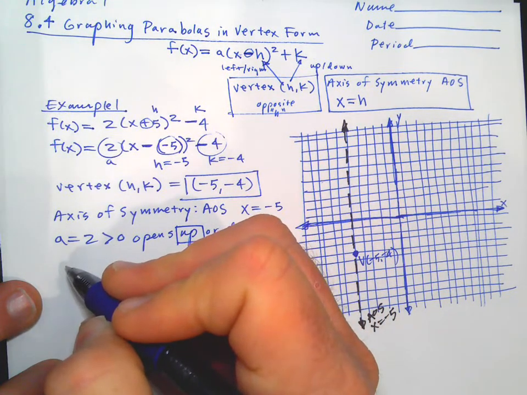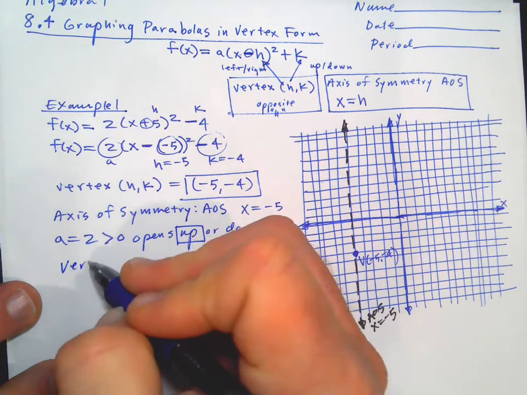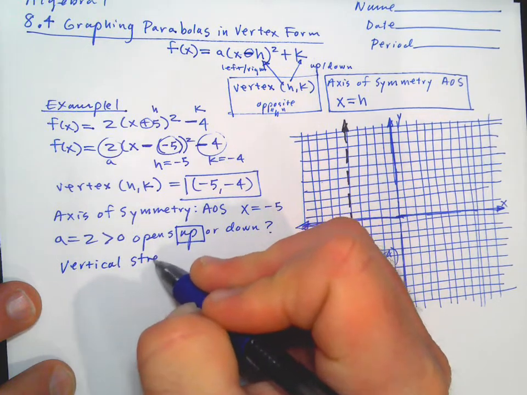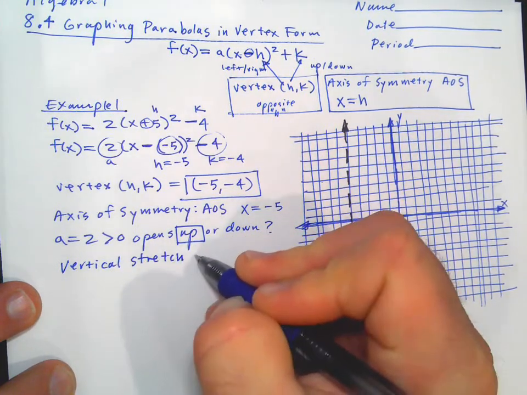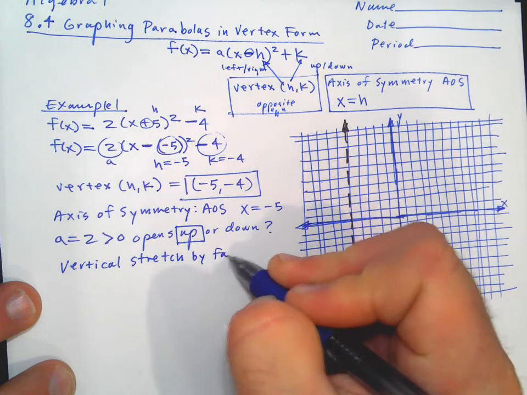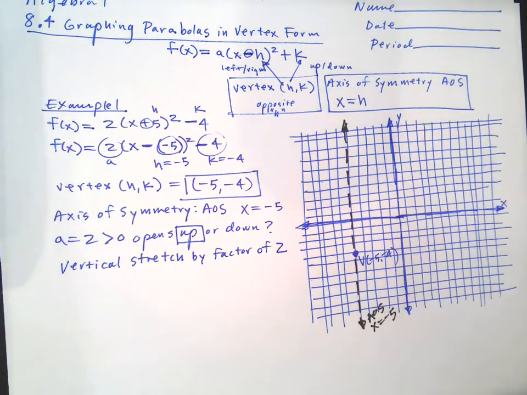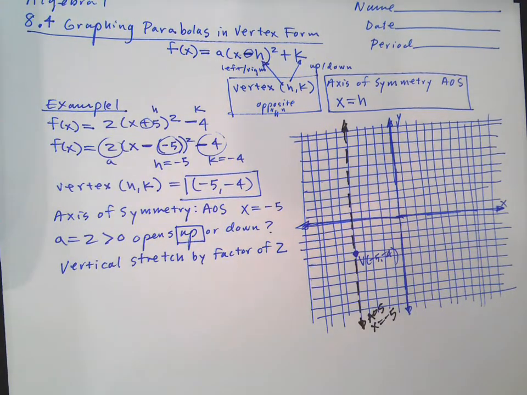The vertical, because it's 2, it's going to be a vertical stretch. It's going to stretch it by a factor of 2. And it's going to open up, which we already said.